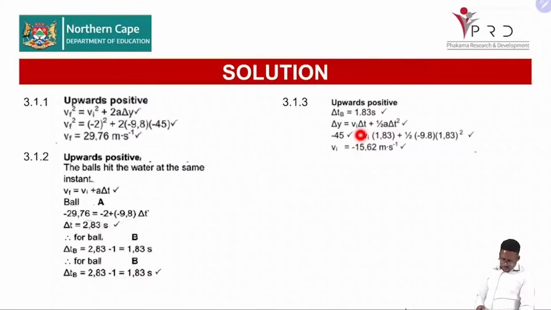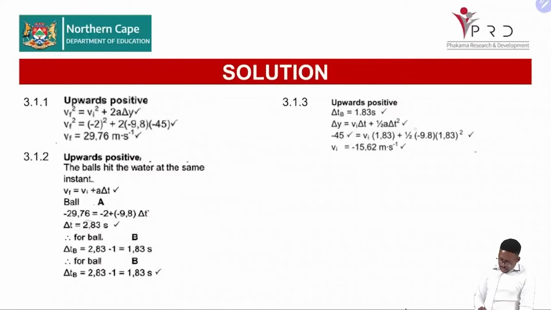3.1.3, calculate the initial velocity. When they say initial velocity, your answer must have the direction, downwards. So if you choose ball B, our change in y is minus 45. So the formula there would be change in y is equal to Vi change in time plus 1 over 2 a change in time squared.